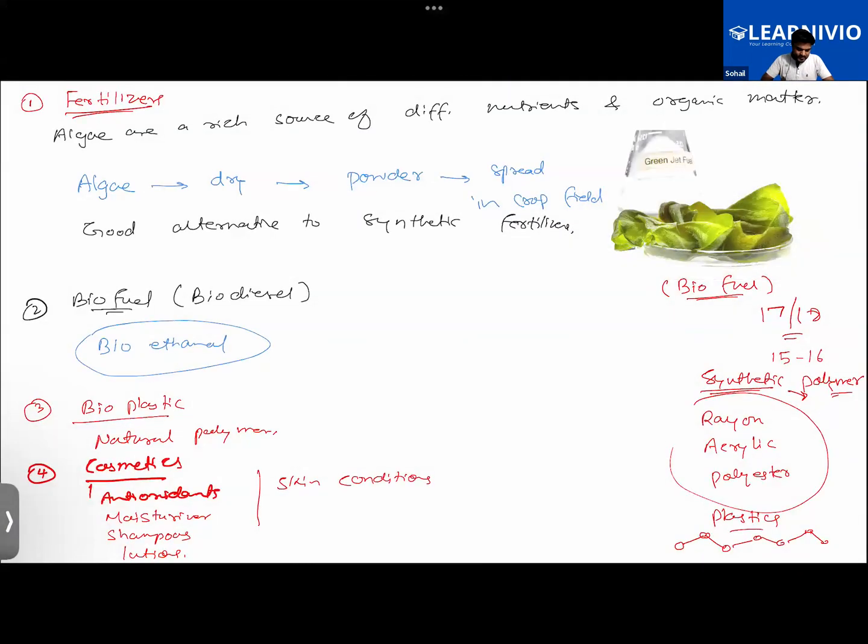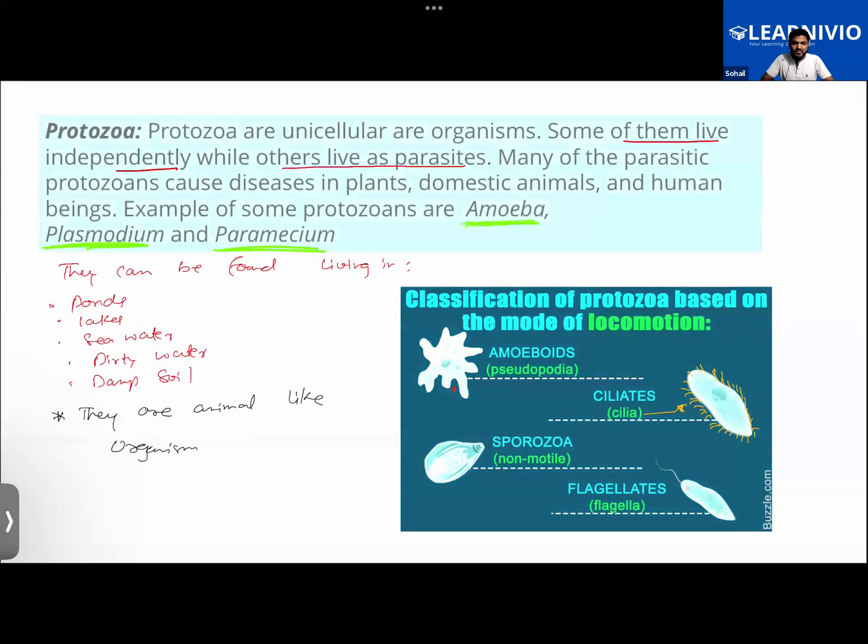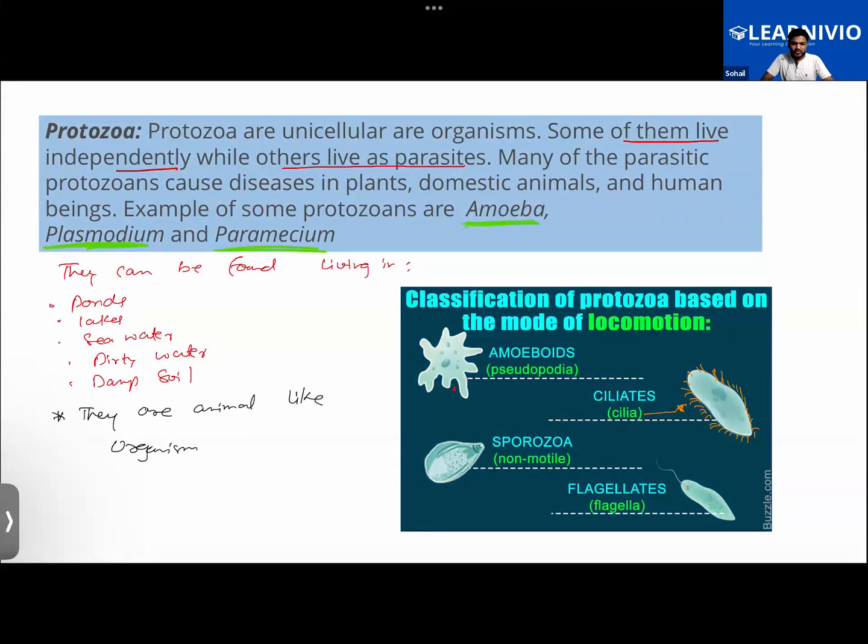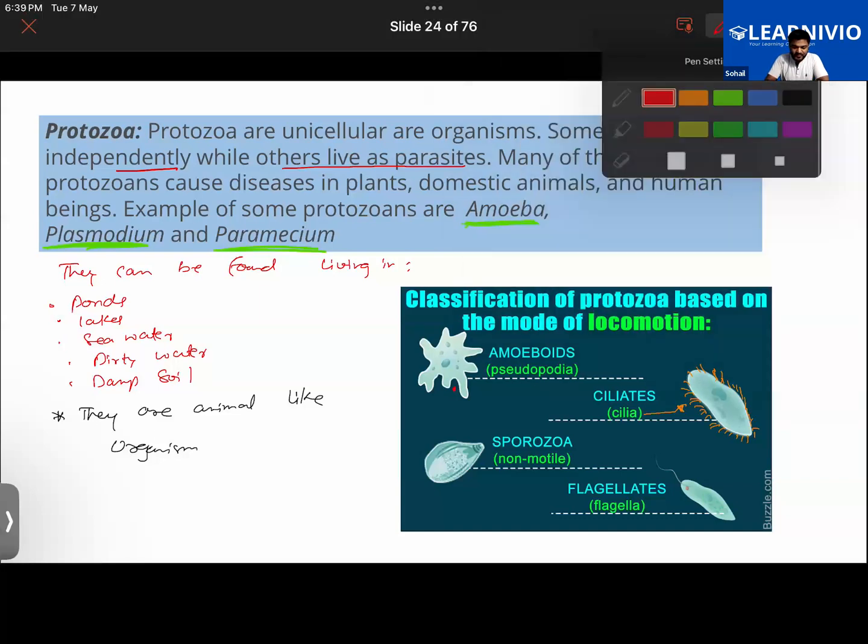Okay. Also, in the previous class, we discussed a little bit about protozoa, what protozoa are. We studied that they are a group of single-celled microorganisms.